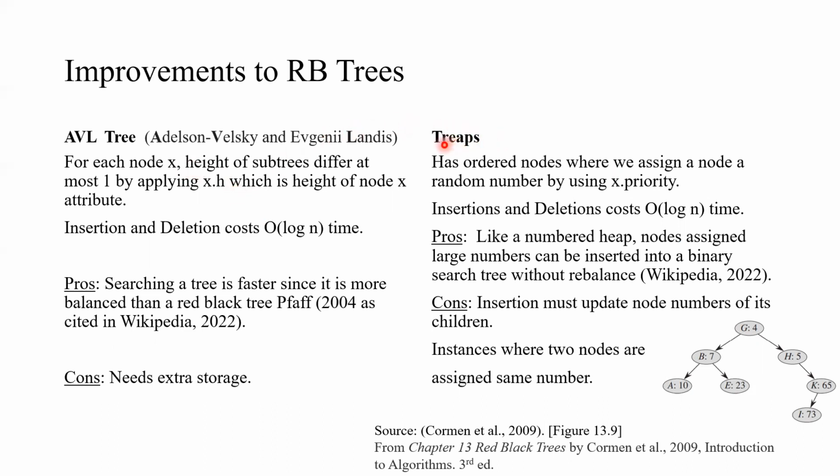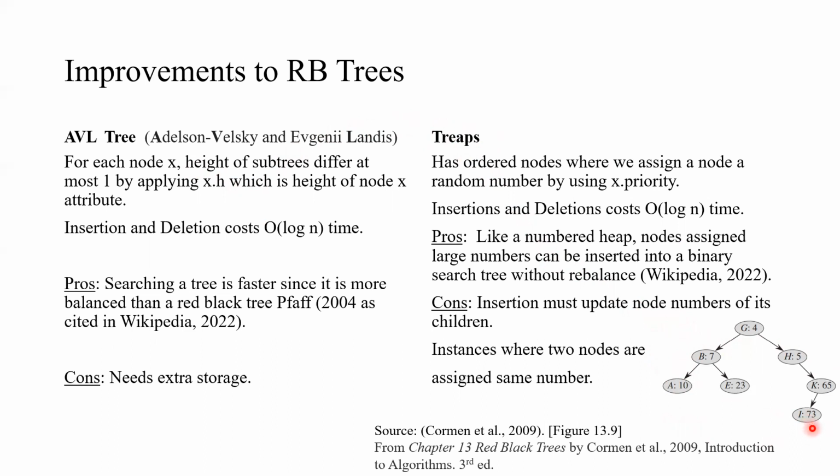Our second improvement is treaps. What does treaps sound like? Treaps sounds like heaps, and heaps we learned in class. I will give you somewhat of a warning. This is a picture in our textbook.